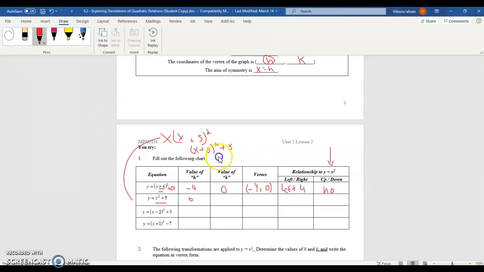And that would be x squared plus 5 simply. Our k would be the plus 5 in this case. And our vertex is going to be (0, k). So (0, 5). Now since there's no h, we know it's not a left to right translation. But since there's a k, we know it is a vertical translation, and it is specifically up by 5.